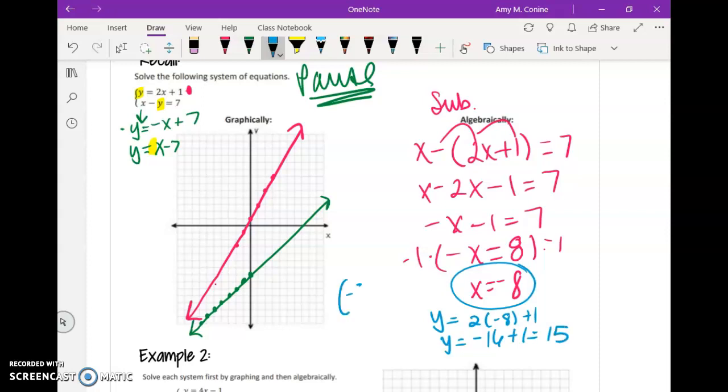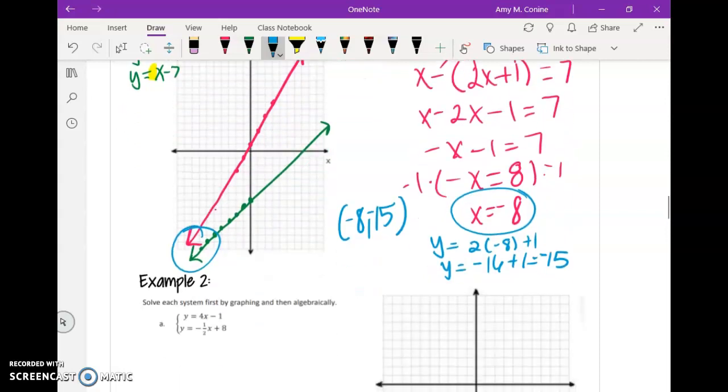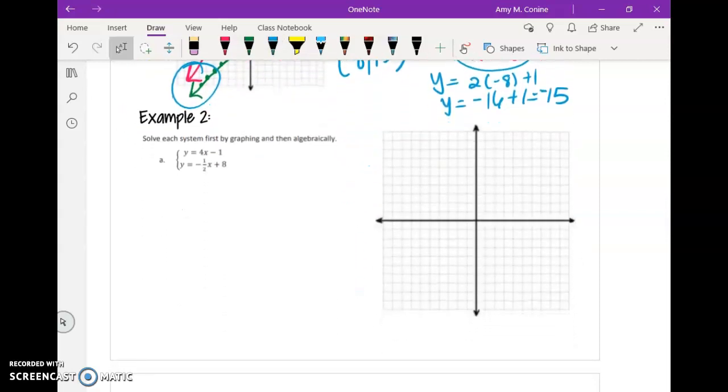So our solution here should be negative 8, negative 15, which makes sense because if you go down here, we don't have negative 15 on our graph.